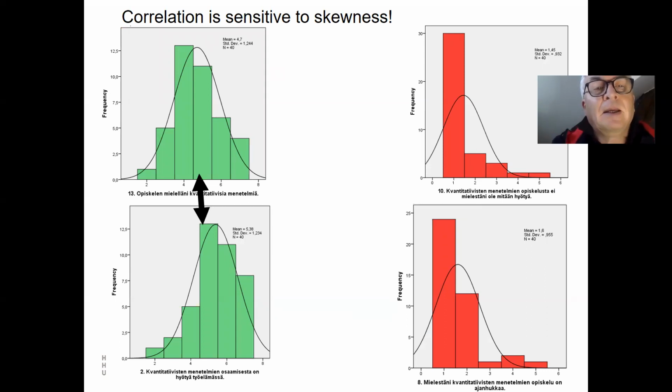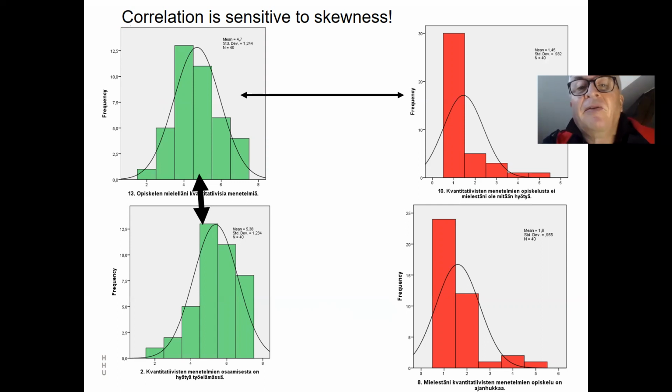So in a case where you have more or less normally distributed variables, they can correlate with each other. Sometimes they do, sometimes they don't, but that correlation reflects some real connection between the variables.